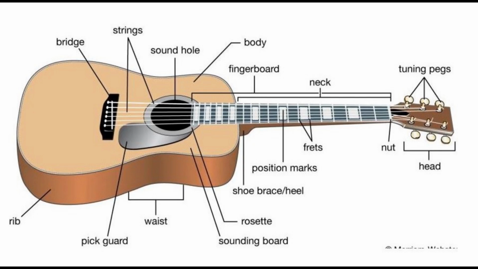The nut is a small strip of bone, plastic, brass, Corian, graphite, stainless steel, or other medium-hard material, at the joint where the headstock meets the fretboard. Its grooves guide the strings onto the fretboard, giving consistent lateral string placement. It is one of the endpoints of the string's vibrating length.